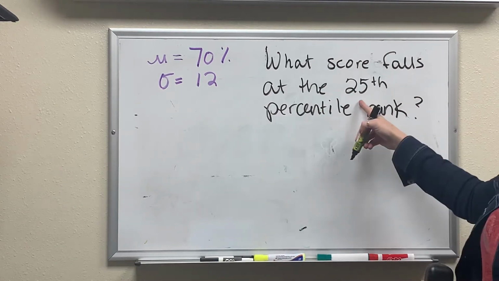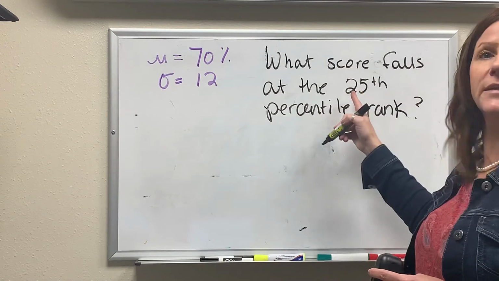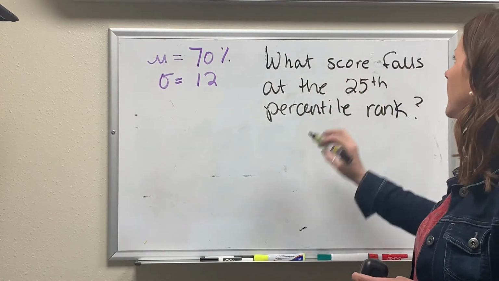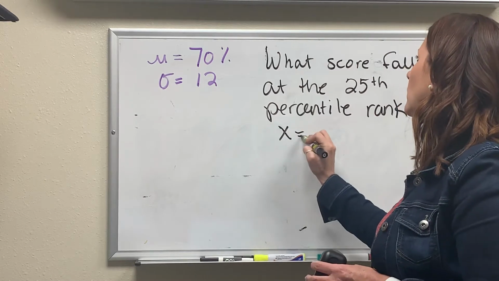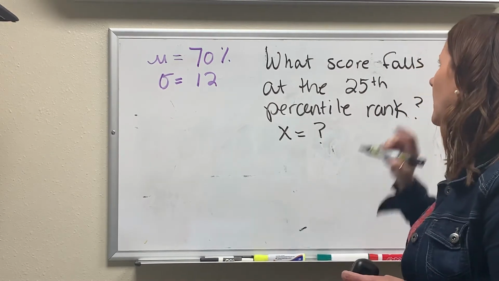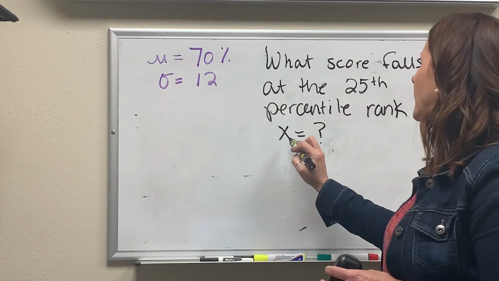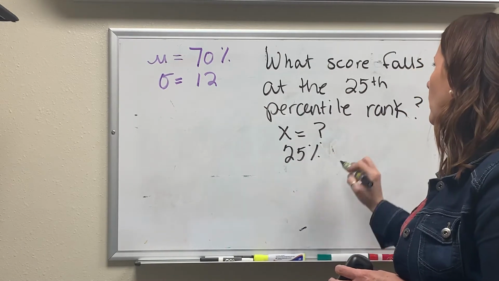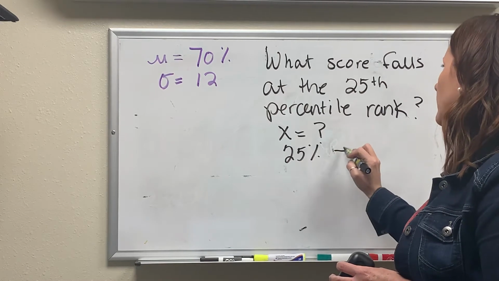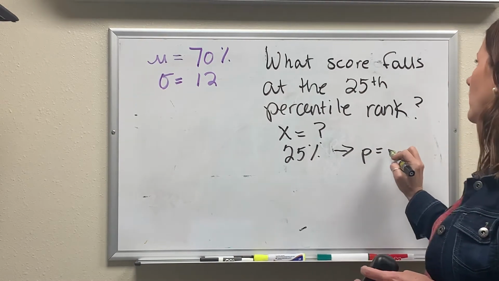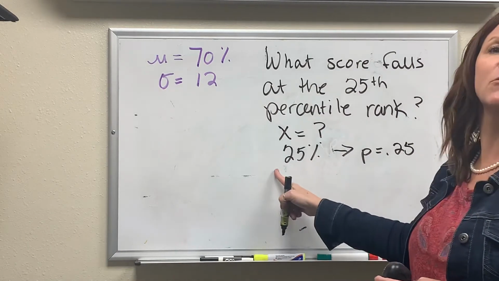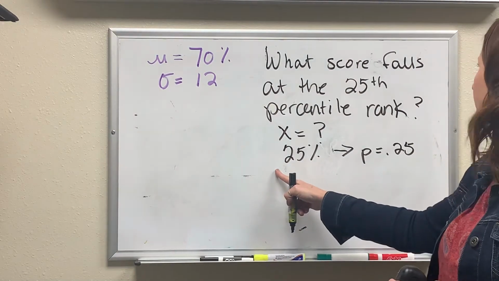Okay, now the 25th percentile, that's a percentage, okay? And we're looking for a score. So we can say x equals, we don't know what x is, but we know we're looking for the 25th percentile, which is a p-value. p equals 0.25, because we would move that decimal over 2 places to the left.